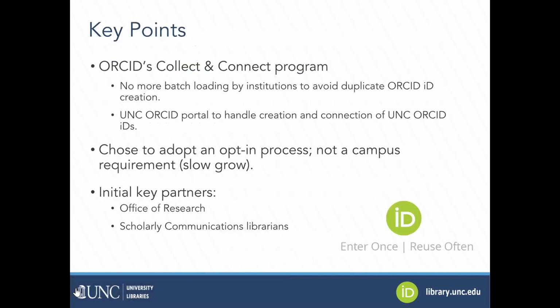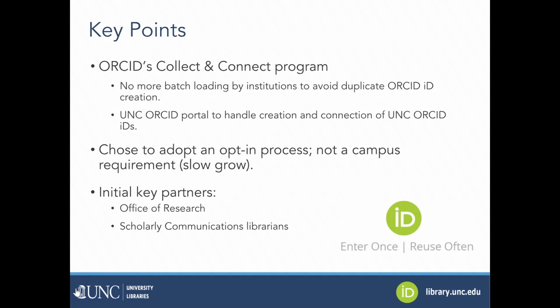Okay, so since UNC became an ORCID member so recently, the integration path ORCID has had institutions follow had changed from the beginning due to issues with duplicate ORCID records inadvertently being created. ORCID moved away from batch loading researchers for ORCID IDs and moved to this collect and connect model, which you all are probably pretty familiar with.